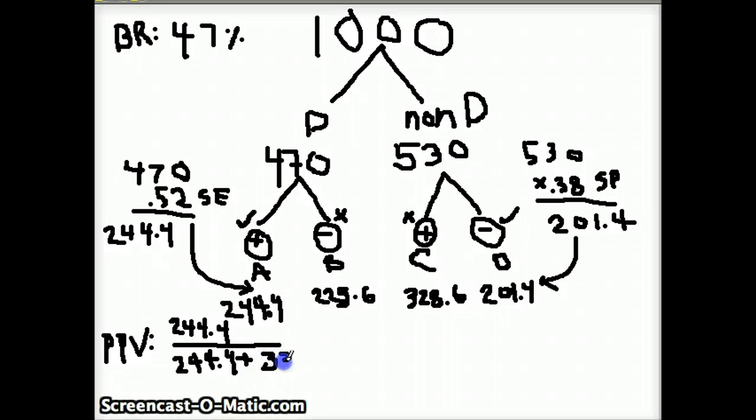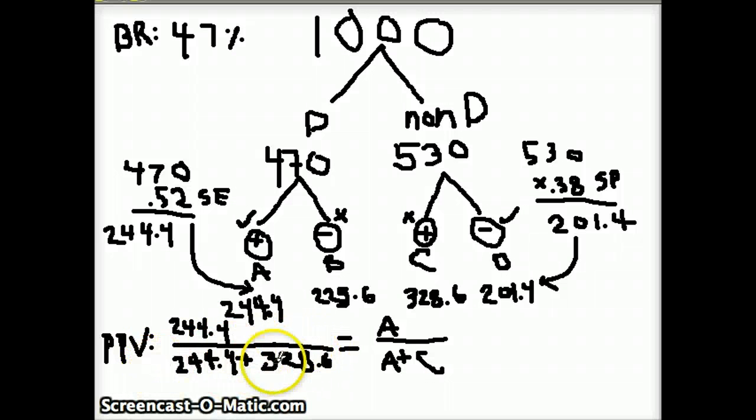Now, I know some of you like to memorize equations, and that can be useful. I personally don't, and I'm a little bit opposed to merely memorizing things if you don't understand them. But if you really want to memorize things and you get this equation set up correctly, the positive predictive value equals A over A plus C. Because the positive predictive value, remember, is the chance that you have the disease if you test positive.